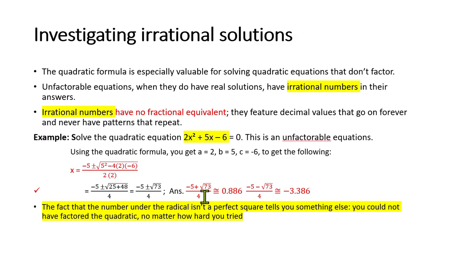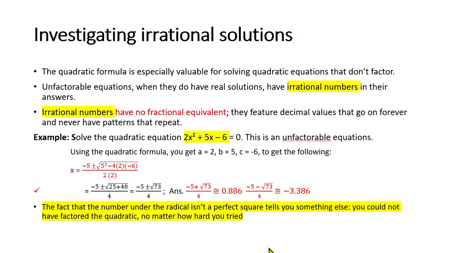So minus 5 plus square root 73 divided by 4 is about 0.886, you can calculate it by using a calculator, and for the negative case, minus 5 minus square root 73 divided by 4, that is minus 3.386.